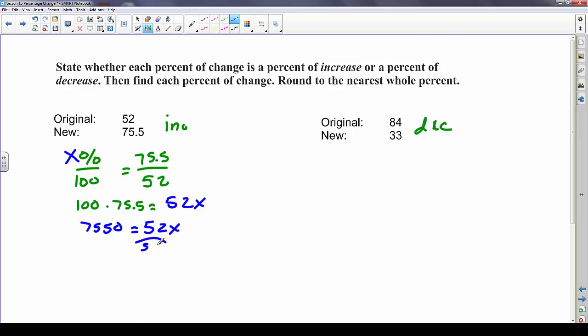Divide both sides by 52. And what I end up with is a total of 144.23%.